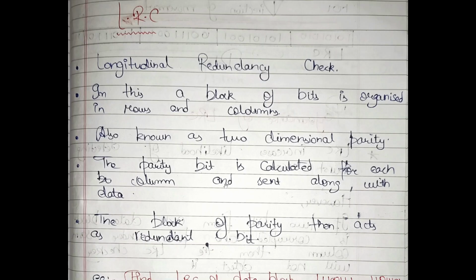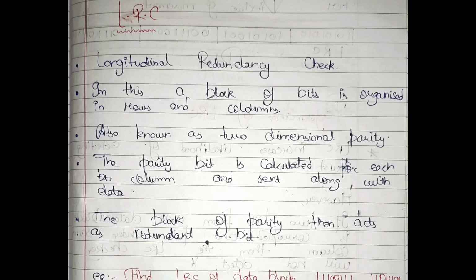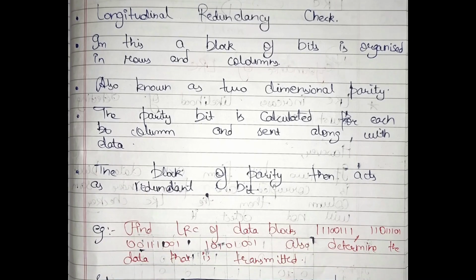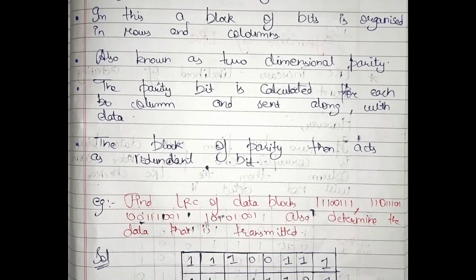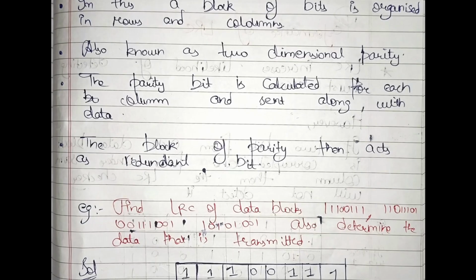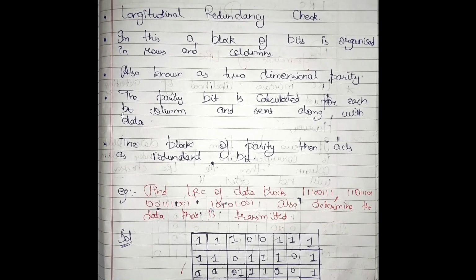The parity bit is calculated for each column and sent along with data. The block of parity then acts as a redundant bit. Now, let me explain all of this with the help of an example. After that, when you read this, you will understand it quite properly.